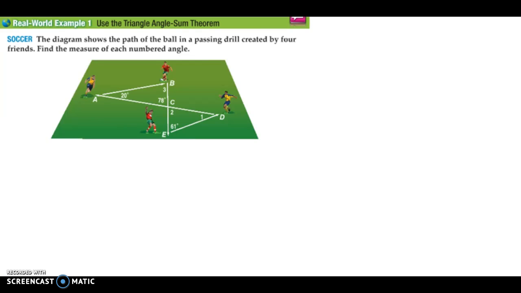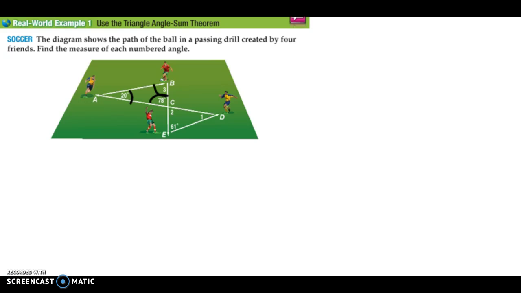So let's look at an example. It says the diagram shows the path of a ball in a passing drill created by 4 friends. Find the measure of each numbered angle. Alright, so first, angle A is 20 degrees and angle C is 78.